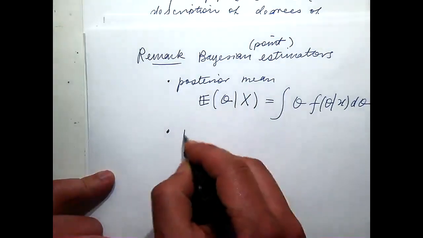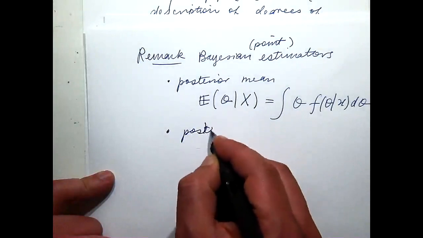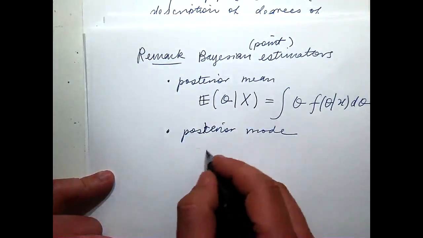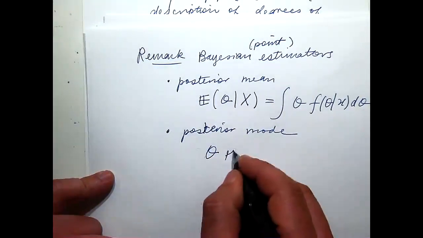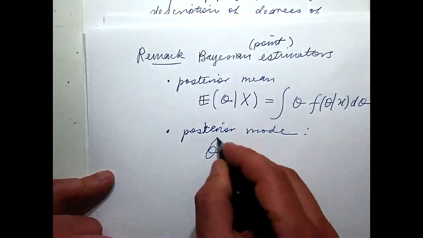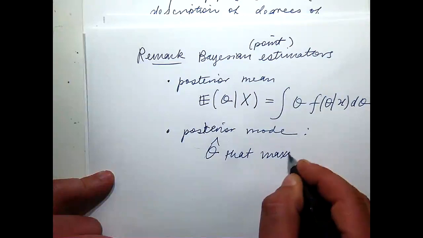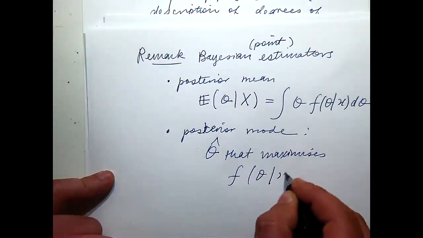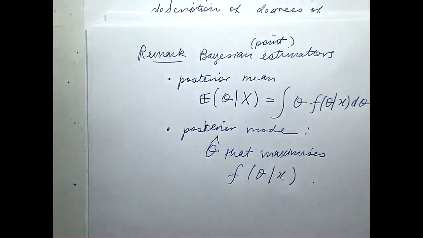And then there's also posterior mode, which is the theta that maximizes, the theta hat that maximizes the density of theta given x. Okay?